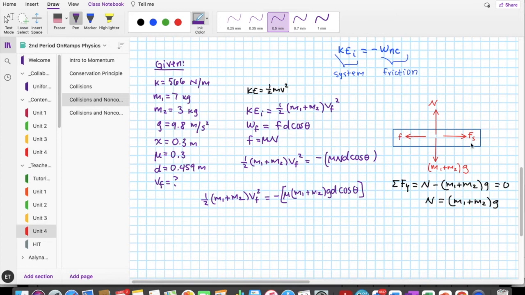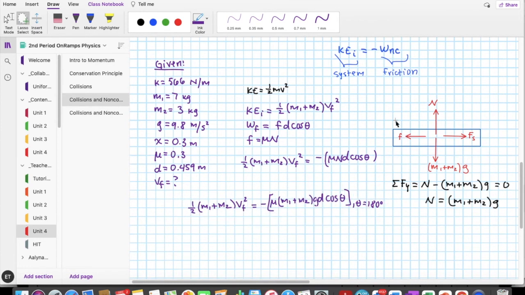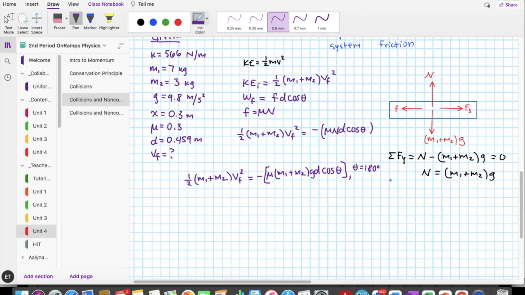Since they are opposites, we learned that theta for opposite forces along the same axis is 180. We know it is 180 because we have opposite forces. And then the cosine of 180 is -1.